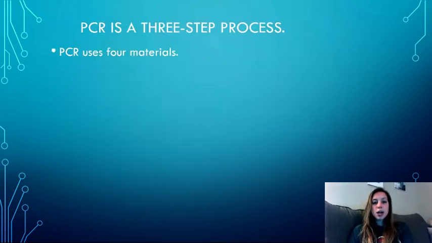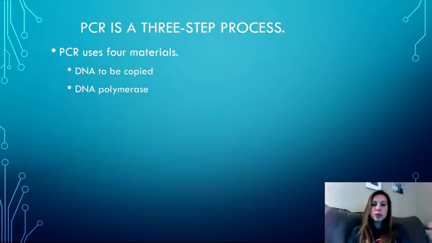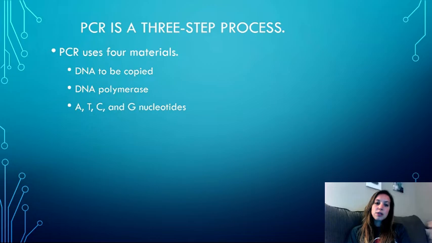PCR is a 3-step process, and it uses 4 materials. The first material is DNA to be copied, so you've got to have that fragment that you're wanting to make more of. You have to have DNA polymerase to be able to put on those nucleotides, just like in DNA replication when we learned about that a little time back. We talked about polymerase being the thing that is putting on those bases, so that's going to do that for PCR.